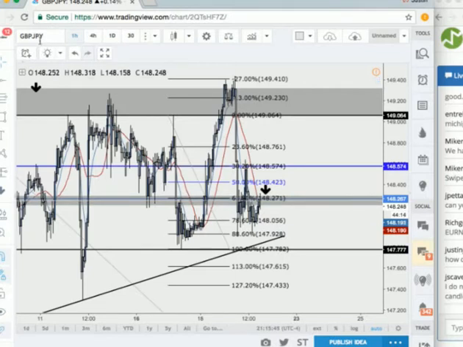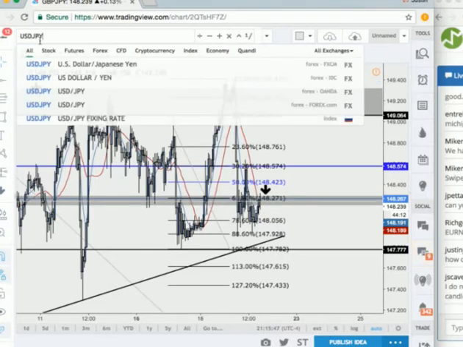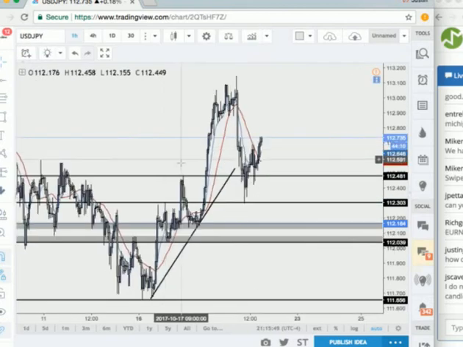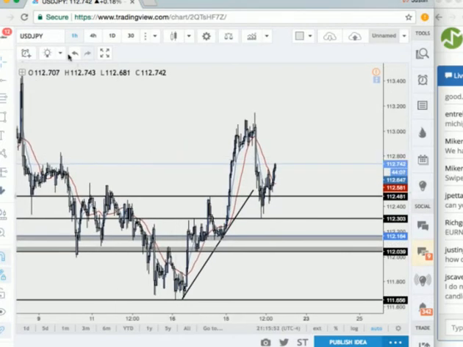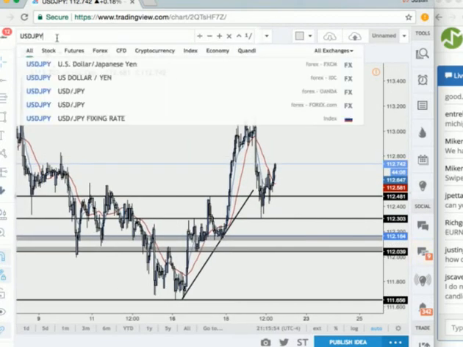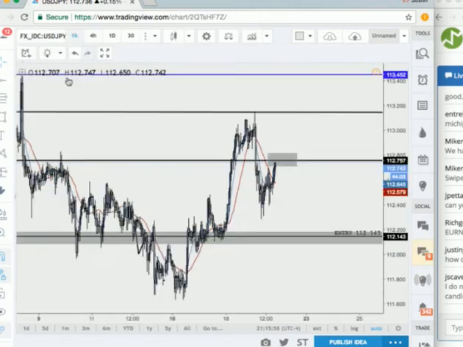So again, let's go back. USD/JPY. If I were to go up, let's go back. Where's the one I had? It's this one. Yep, right here.